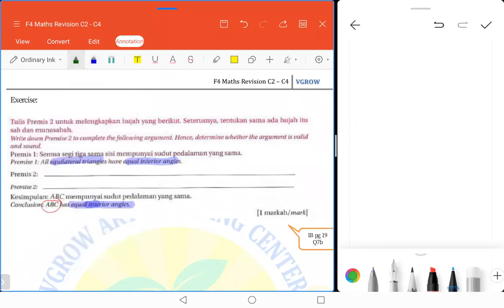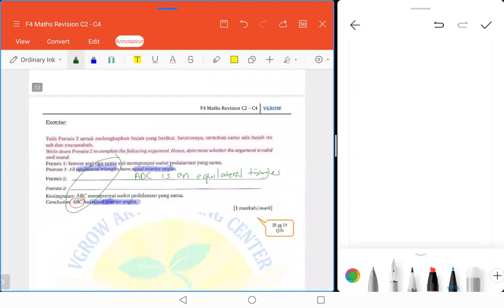Just relate these two only. ABC is an equilateral triangle. Okay, good. So write down. Right, all good. All correct. So no problem for argument.